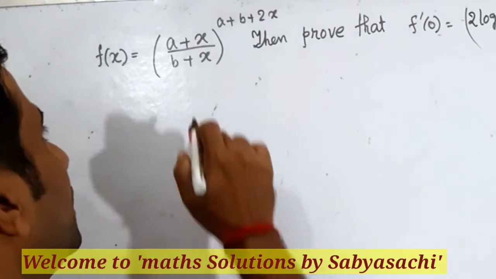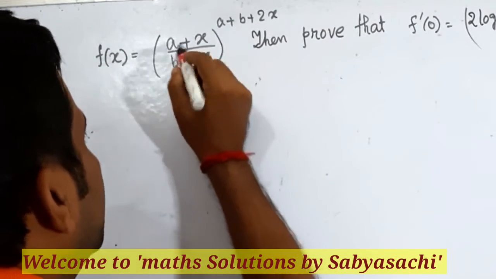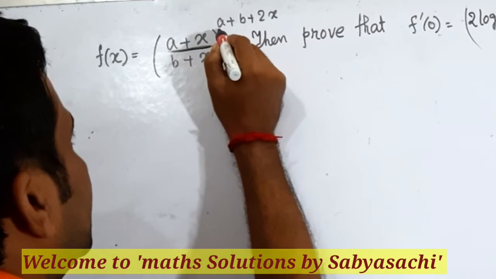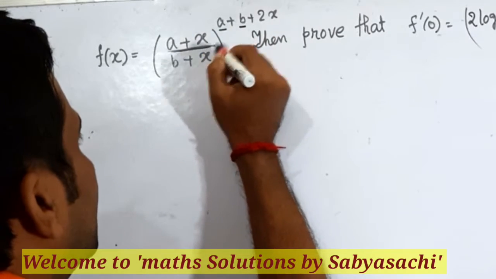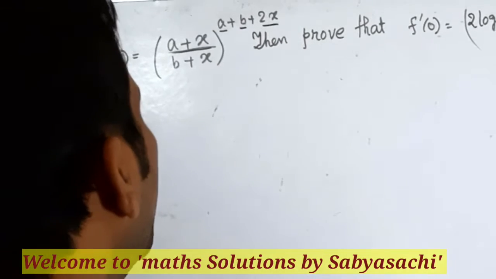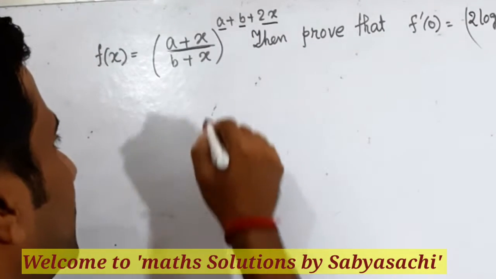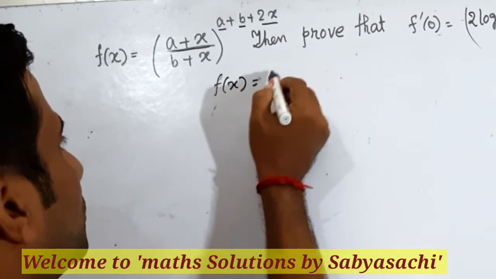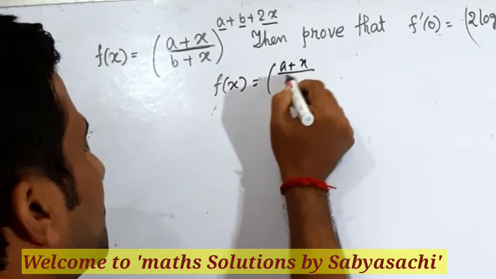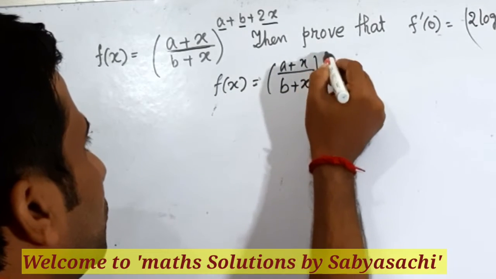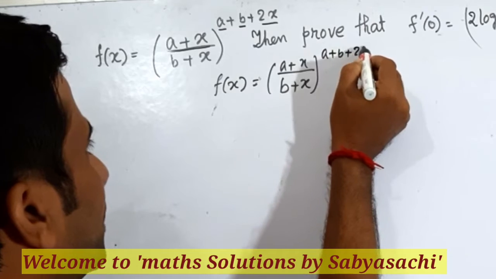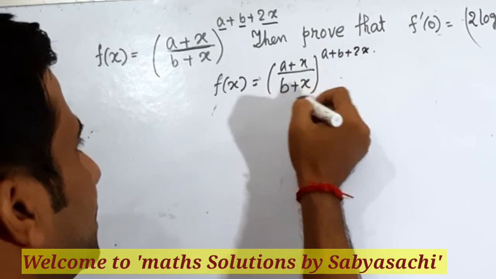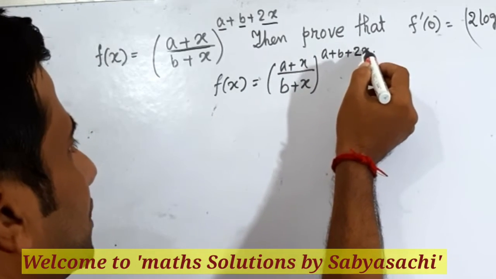Look at it carefully: (a + x)/(b + x), and the exponent is a + b + 2x. This is a variable and this is a variable.